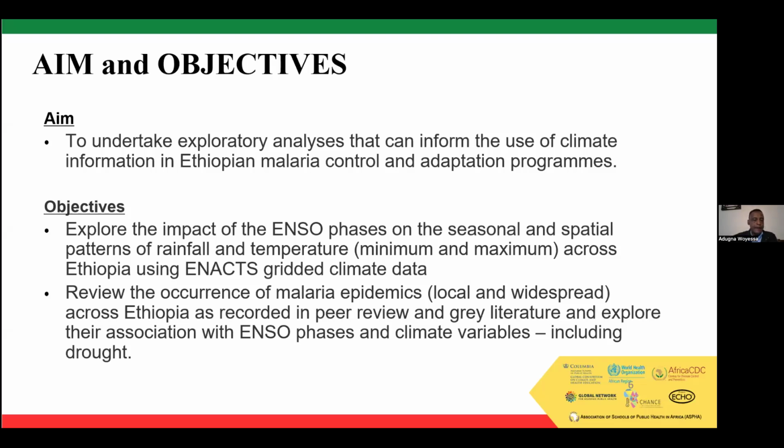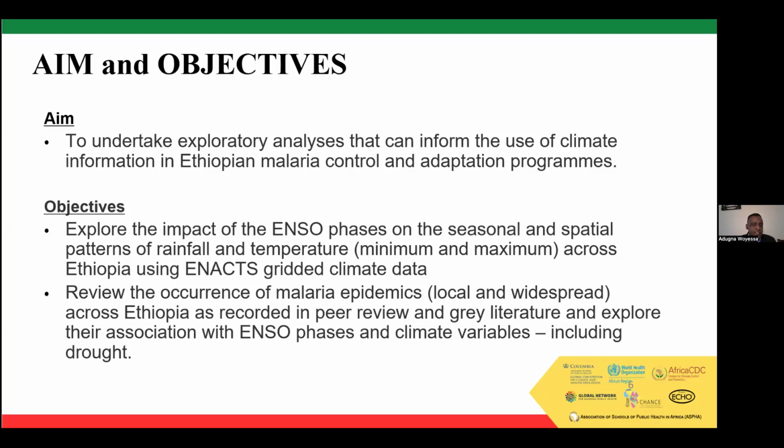The climate experts at Columbia initiated ENACTS in Ethiopia, generating gridded climate data by combining satellite and observed climate data. In a few minutes I will give you detail about that.